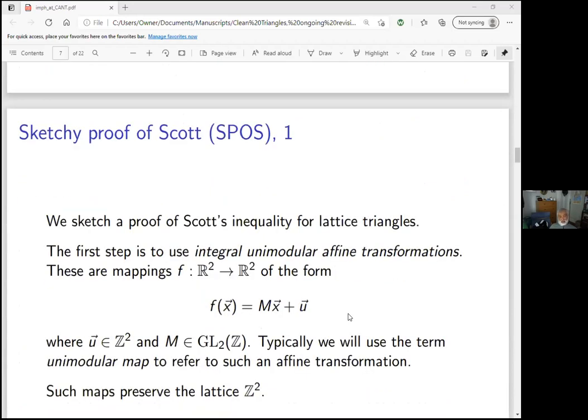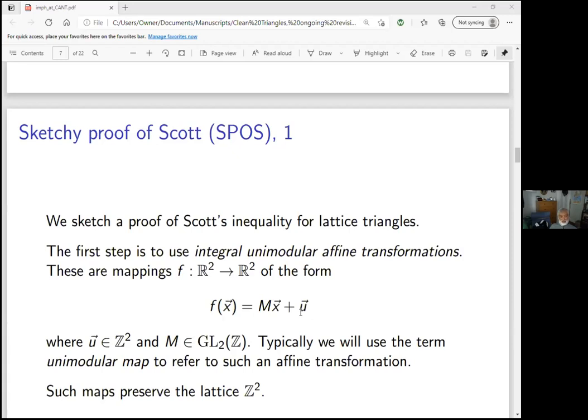So what starts off the proof is that you want to work with unimodular maps. So what are these maps? Well, basically, they're a map from R2 into R2, where you multiply by your matrix in GL2Z, and you have a translation.